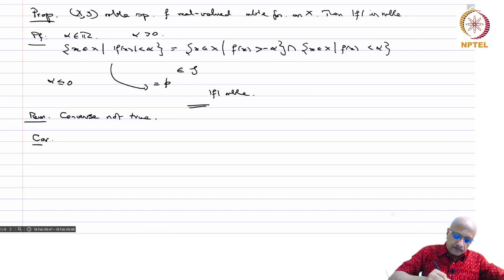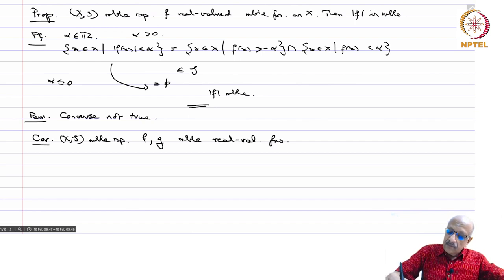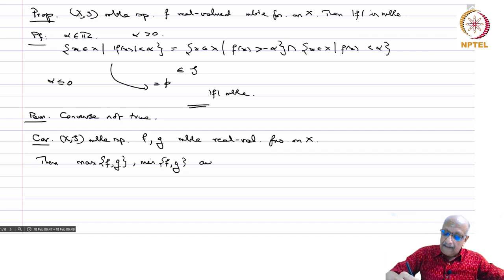Now, corollary. Let (X, S) be a measurable space, and f and g measurable real valued functions. Then max of f, g and min of f, g are measurable.